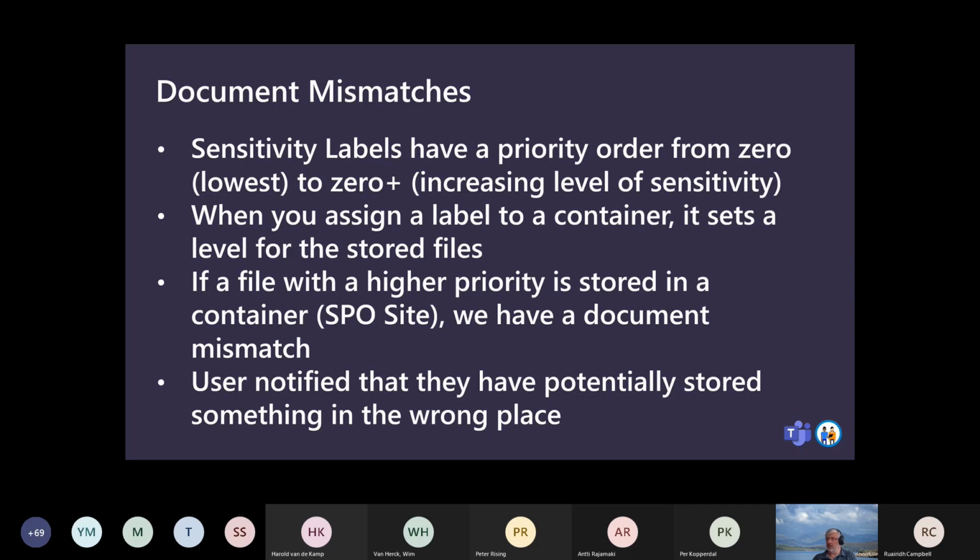Remember, it's sensitivity label priority 8 in a site with sensitivity label priority 6. And that's a mismatch, because SharePoint believes that you should only store documents in a labeled site which are at the same level or lower.